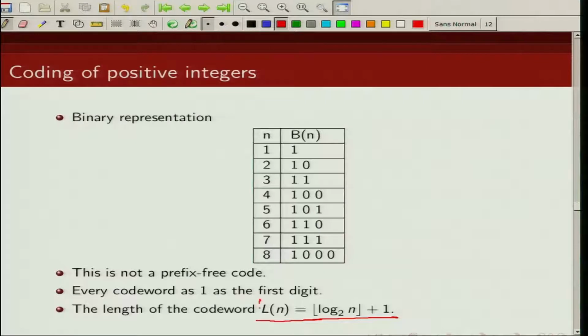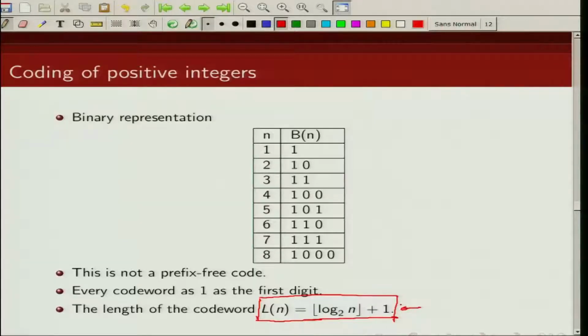However, this is not a prefix free code. So wouldn't it be nice to design a prefix free code which would have the number of bits required to encode close to this? That's the goal.